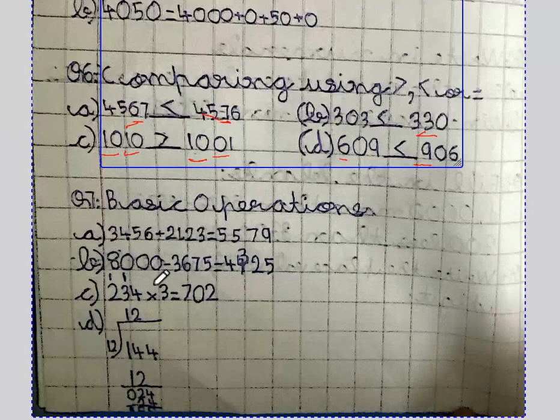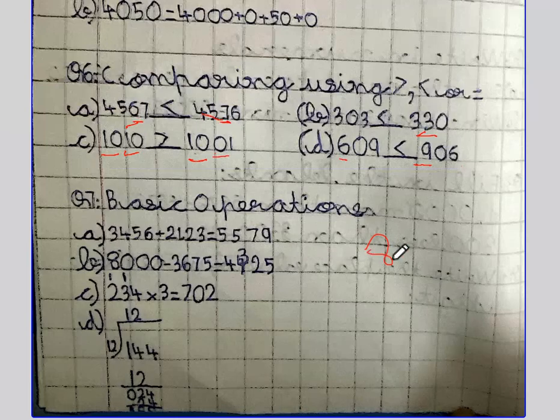Second question is 8000 minus 3675. So here we are going to perform subtraction. So in subtraction, if we have numbers with 0, then the borrow concept will be there, like 3675. So 0 minus 5 is not possible.